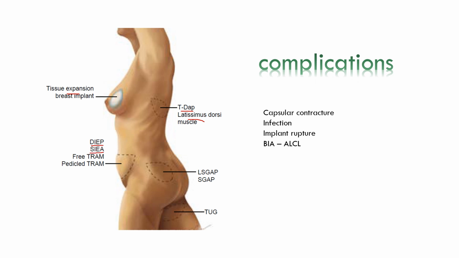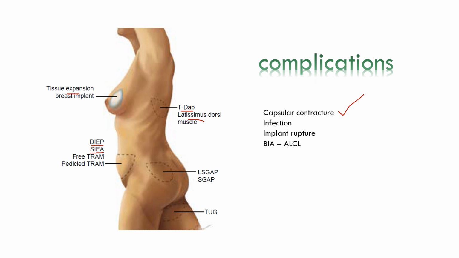There are so many muscle flaps available. Okay, so these are some of the perforators. What are the complications of this breast implant surgery? The implant usually forms a capsule around it by the body's immune mechanism.